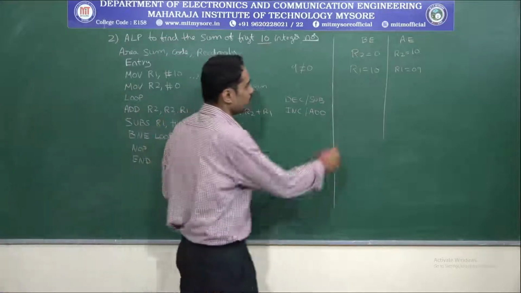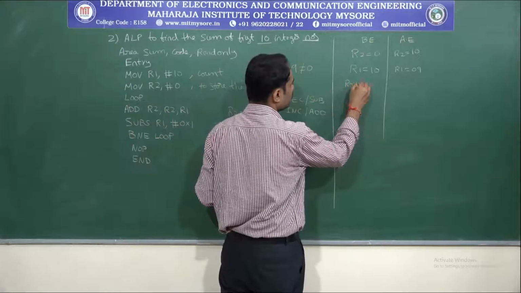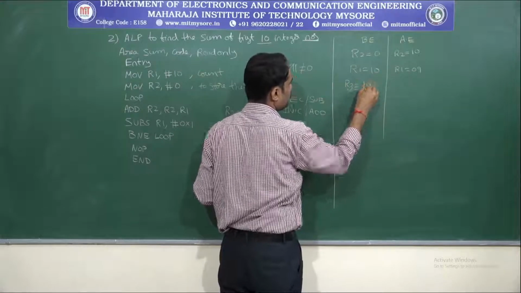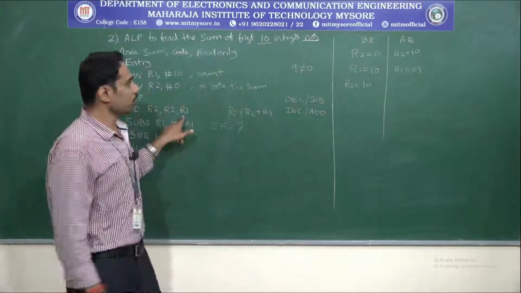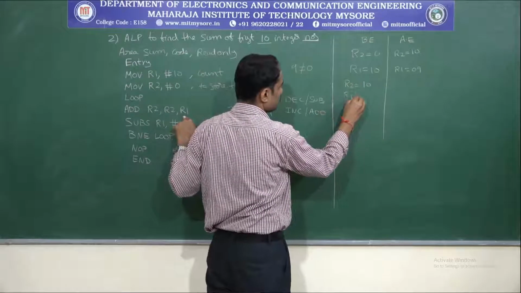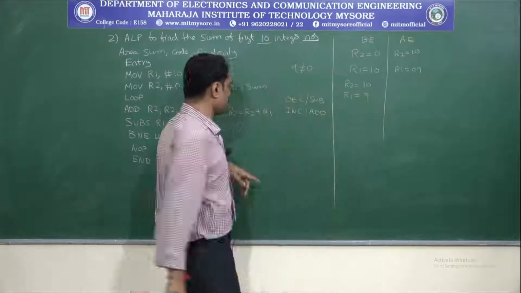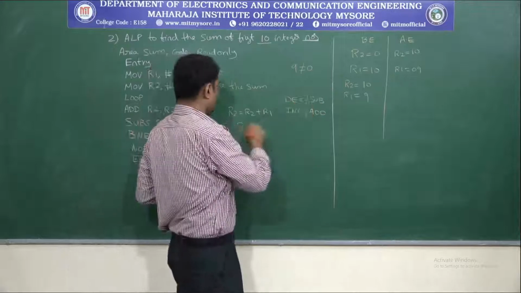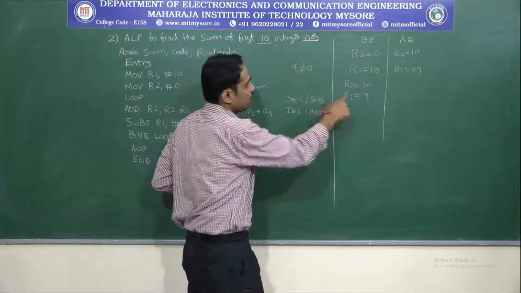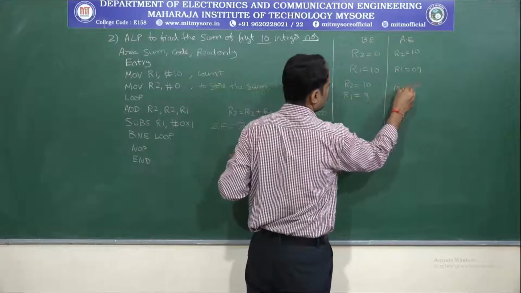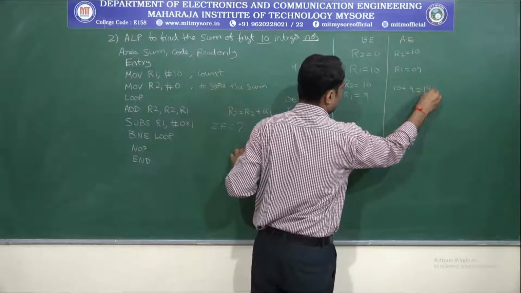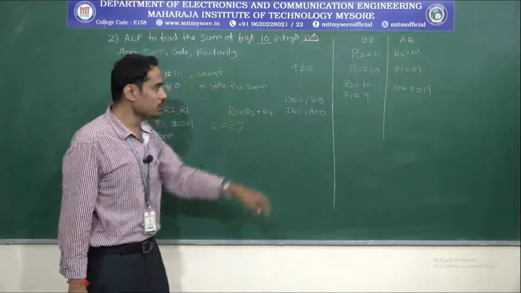In this cycle, what happens? Now R2 is equal to 10 and R1 is equal to 9. R2 is equal to R2 plus R1, that is 10 plus 9, that is 19, that will be stored in R2.